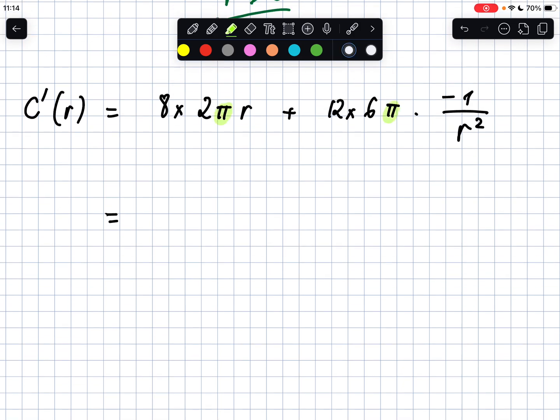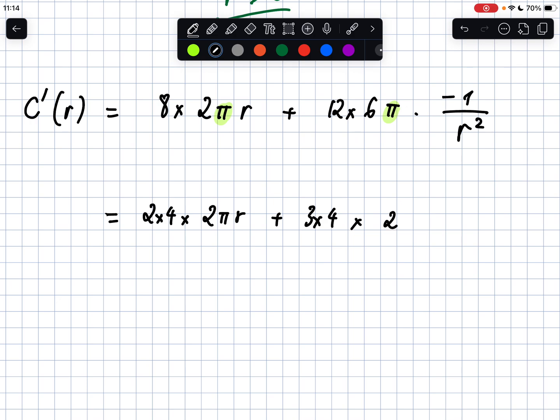But more than that, these are all even numbers. 8 is equal to 2 times 4, 12 is equal to 3 times 4, 6 is 2 times 3, so 3 times 2π, minus 1 over r squared.